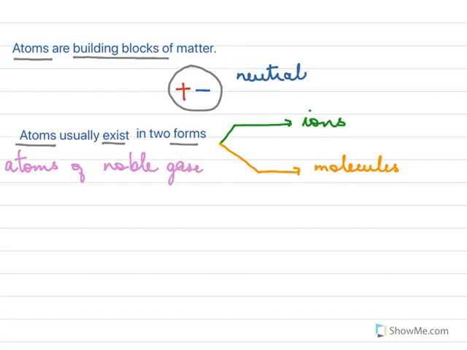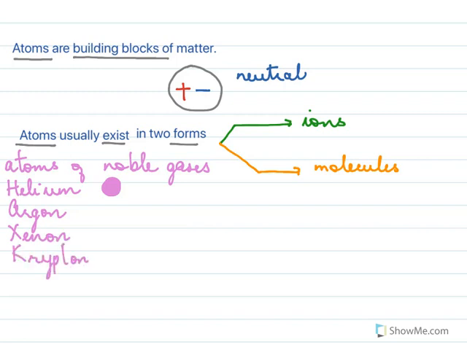And the examples of this is like helium. A helium atom will exist on its own, just on its own this way. You have helium, you have argon, xenon, krypton.